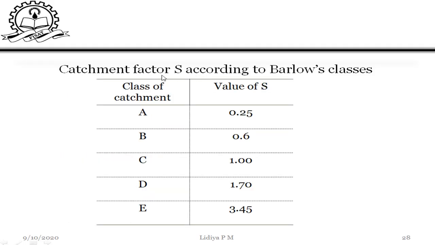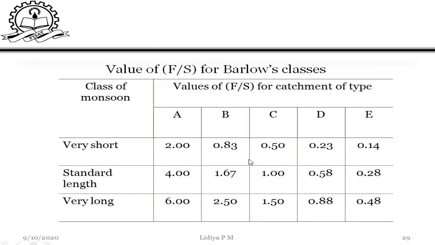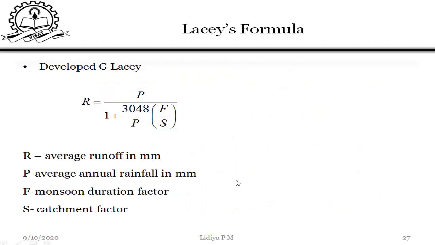The values of S for Barlow's 5 classes of catchment are as follows. For catchment A, S is 0.25, and for B it is 0.6. Also, the value of F by S for Barlow's classes, based on the class of monsoon, is shown in this table.